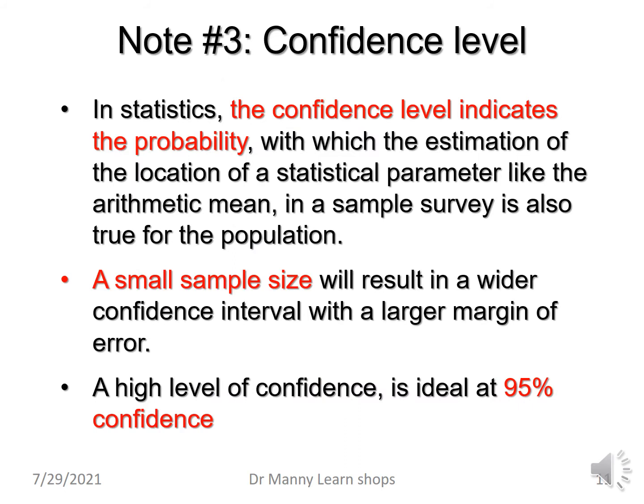In statistics, the confidence level indicates the probability with which the estimation of the location of a statistical parameter, like the mean, in a sample survey is also true for the population. A small sample size will result in a wider confidence interval with a larger margin of error. A high confidence level is ideal at 95%.